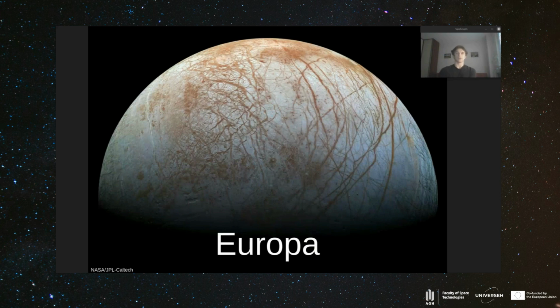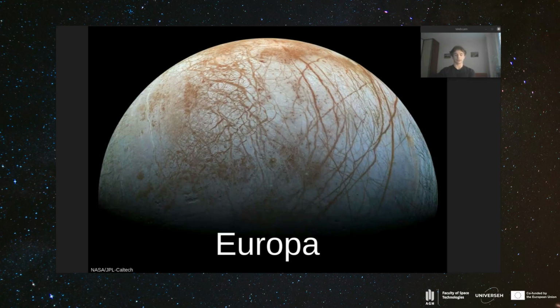Okay, so why is there a liquid ocean on Europa, when the surface is frozen? Europa is too small to have fusion reactions in the core. It doesn't have a molten core creating a magnetic field.